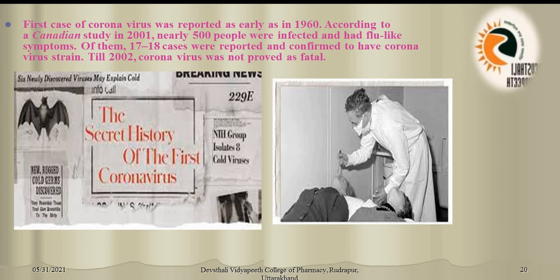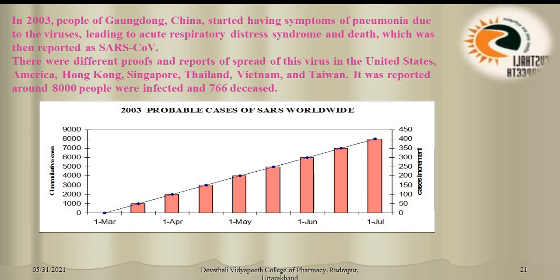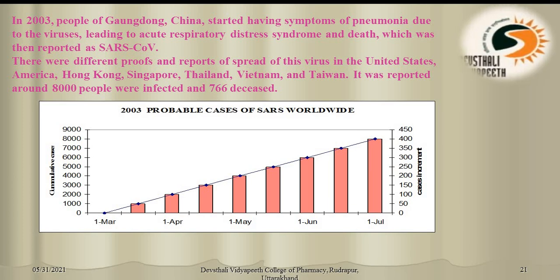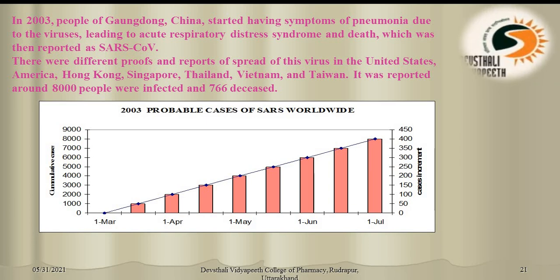Till 2002 this virus was not proved to be a pathogen. Then in 2003, as we discussed earlier, in Guangdong, China, people started having symptoms of pneumonia, then acute respiratory distress symptoms, and deaths were also reported. This virus was reported as SARS-CoV, and there were reports of its spread in the US, Hong Kong, Singapore, Thailand, Vietnam, and overall approximately 8,000 people were infected and about 700 deaths were recorded.